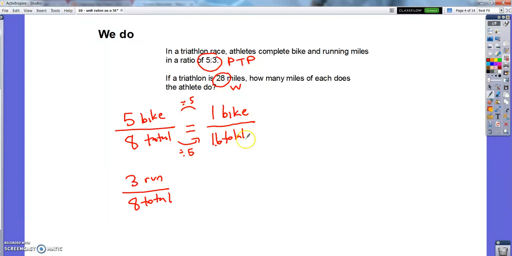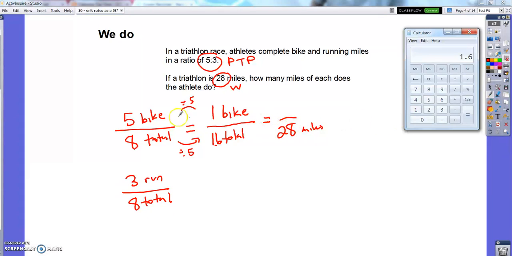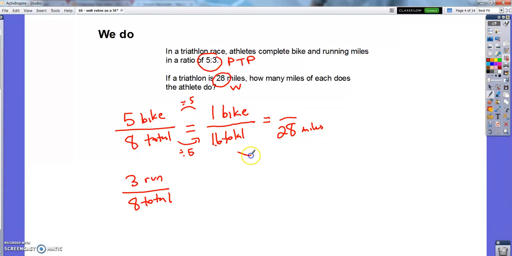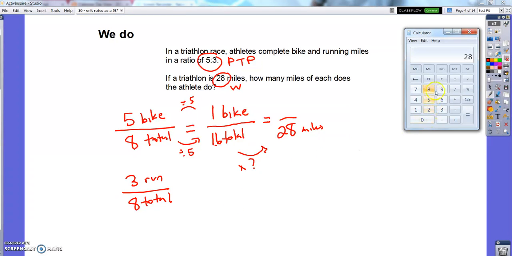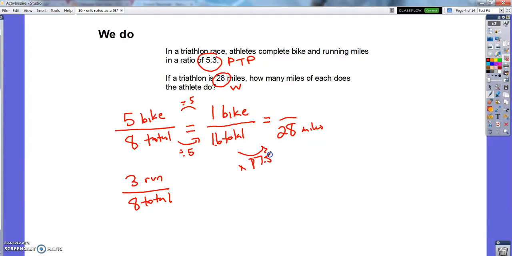And so now from there, when I jump to my 28, let's see, that is times 28 divided by 1 6/10, 17.5. And it's super easy then. I don't even hardly have to do the math on my numerator to know that it's going to be 17.5 bike miles for every 28 miles.